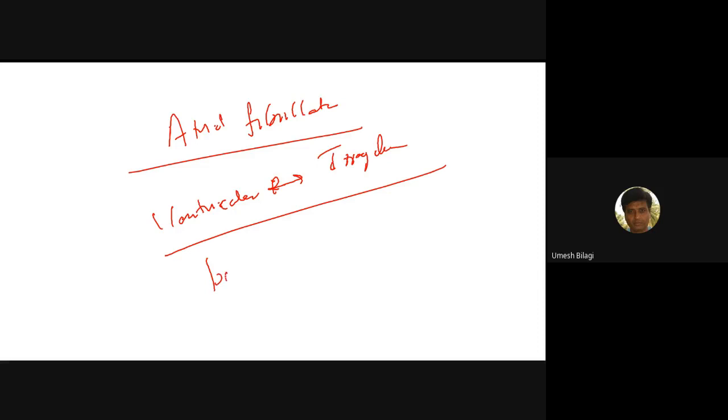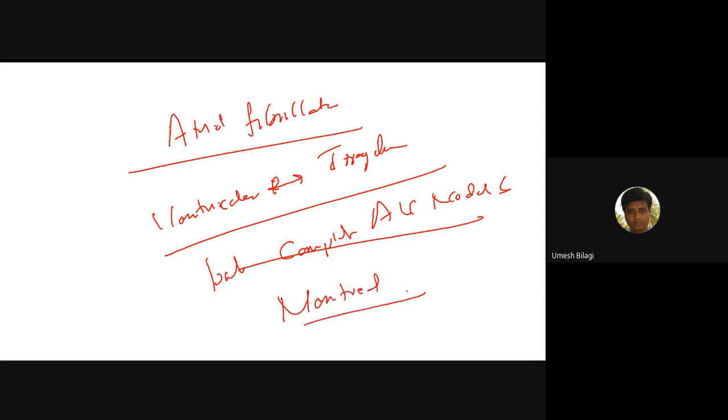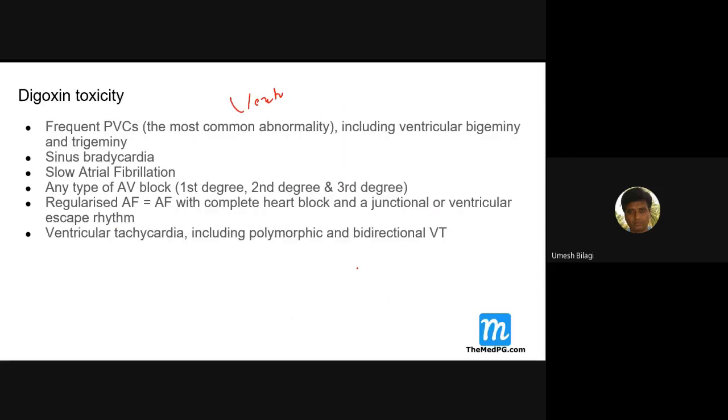But if there is a complete AV nodal block, then the ventricle may become regular. This is a rare thing, but it can happen. Otherwise, in atrial fibrillation, the ventricle is irregularly contracting. It is okay. That's about ventricular rate.